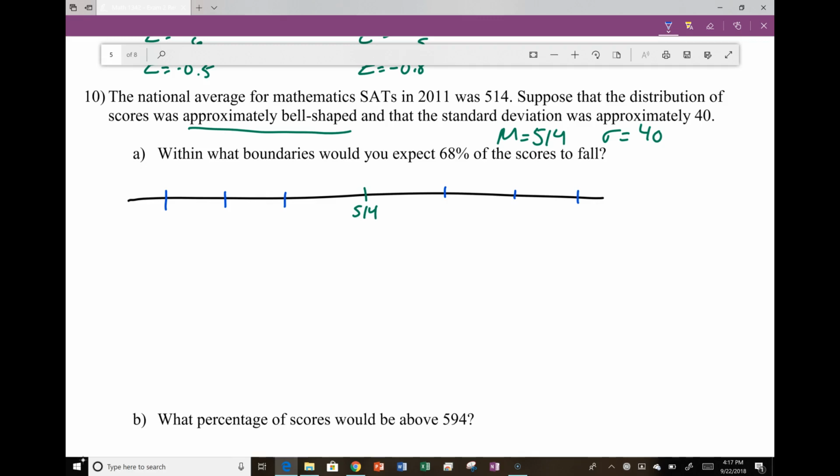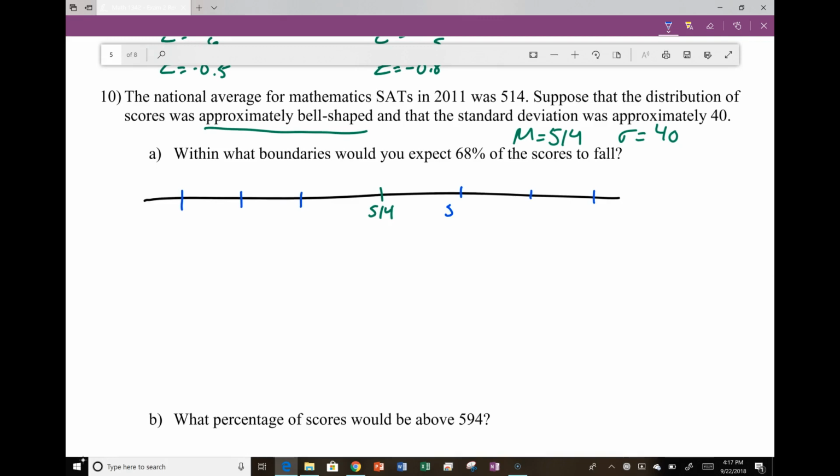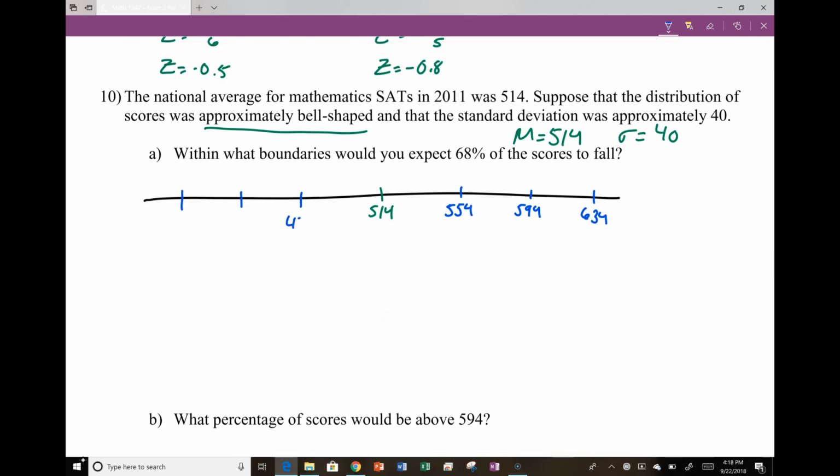So I'm going to take 514 and add its standard deviation of 40. When I do that, I get 554. Then I add 40 again and get 594. Add 40 again and I get 634. On the other side, I'm going to take the 514 and subtract the 40. I get 474.